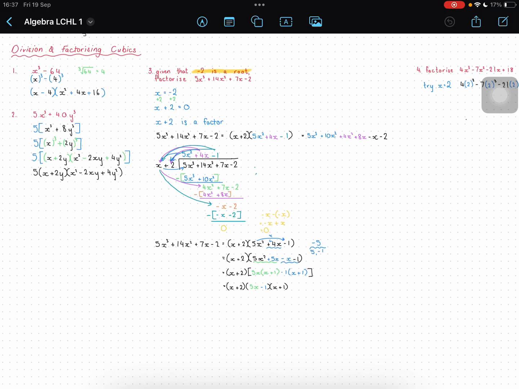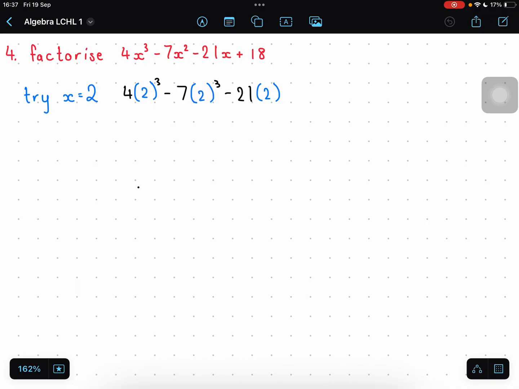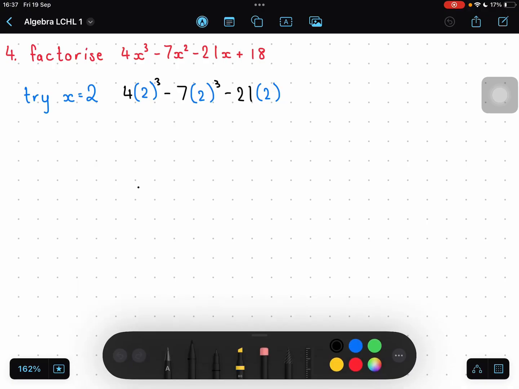Okay, and then I'm going to have my plus 18 at the end. Right, so now that I don't have any variables left in this, I can just put it into my calculator, or if you want, you can do it out with BIMDAS. I don't have my calculator here, so I'm just going to do it out with BIMDAS really quickly.